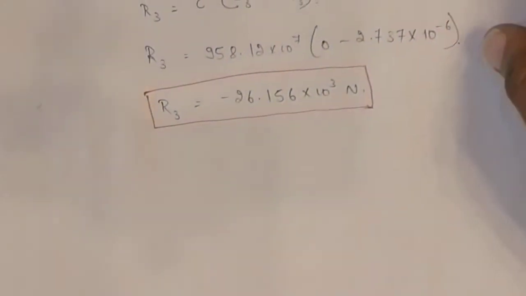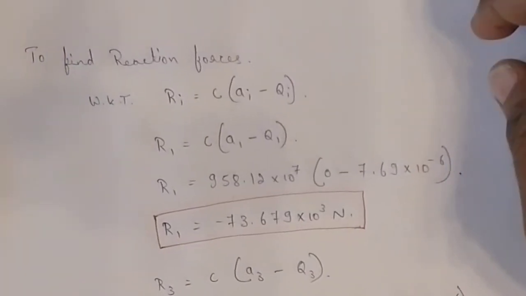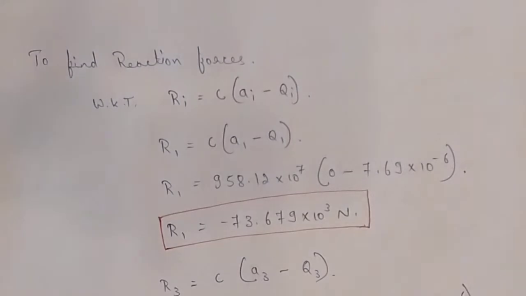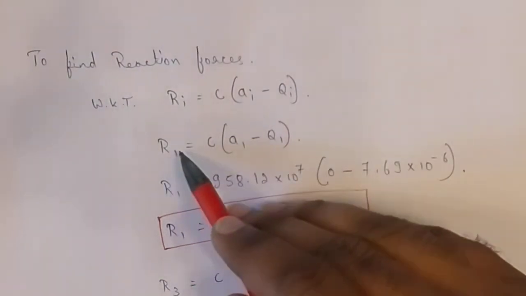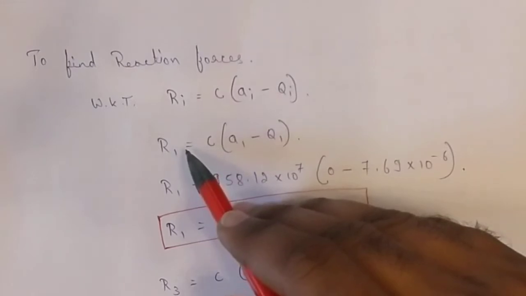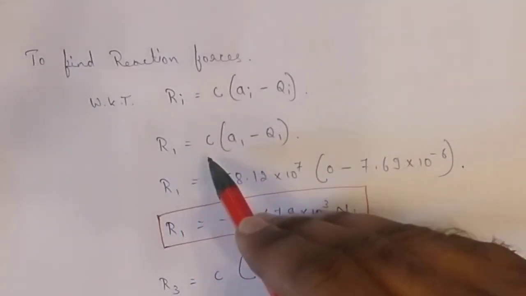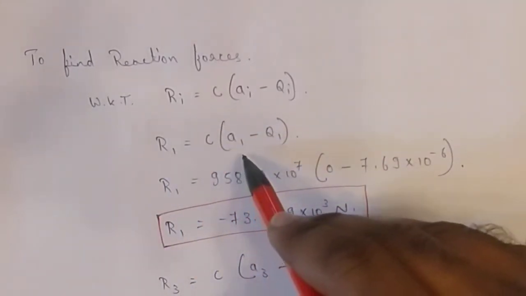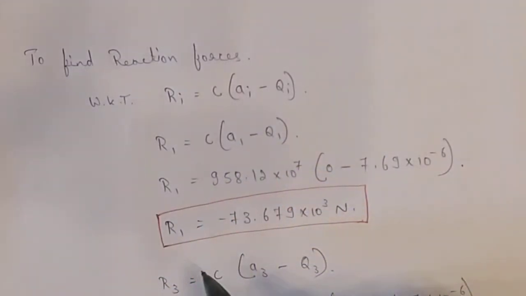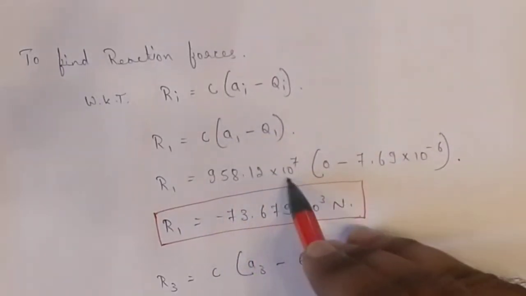Next, finding the reaction is very simple in this. To find reaction forces, we know that Ri is equal to C into Ai minus Qi. So there will be two reaction forces, node 1 and node 3 is fixed. So R1 and R3 will be the reaction forces. R1 is equal to C into A1 minus Q1. Just substitute the values of A1. A1 is 0. C is this one.